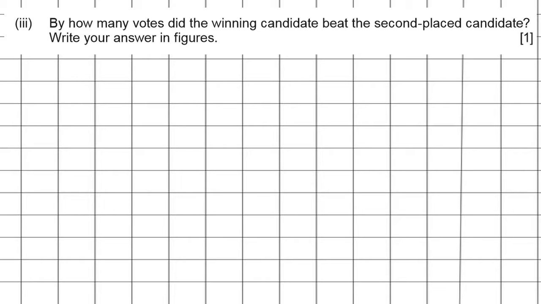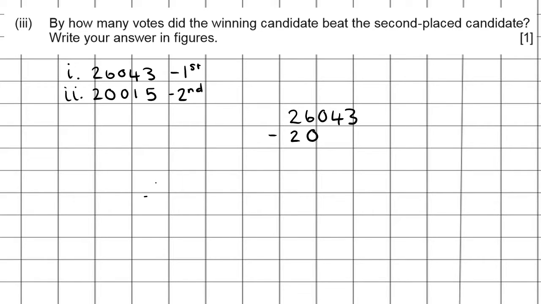By how many votes did the winning candidate beat the second place candidate? Write your answer in figures. From part 1, we saw that there was 26,043. In part 2, there was 20,015. That was first, that was second. So to get the difference between the votes, we'll do 26,043 take away 20,015.